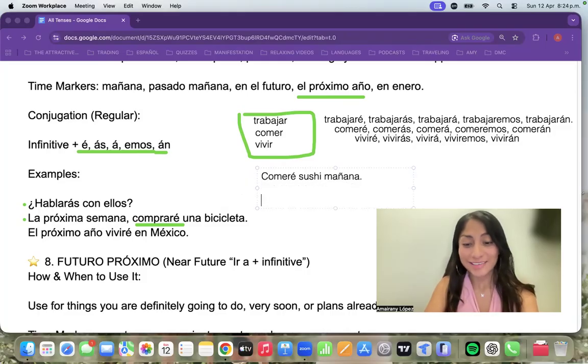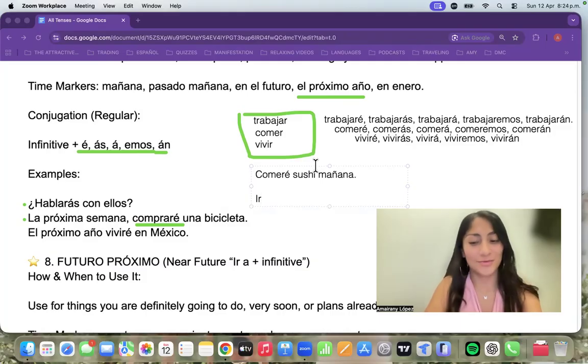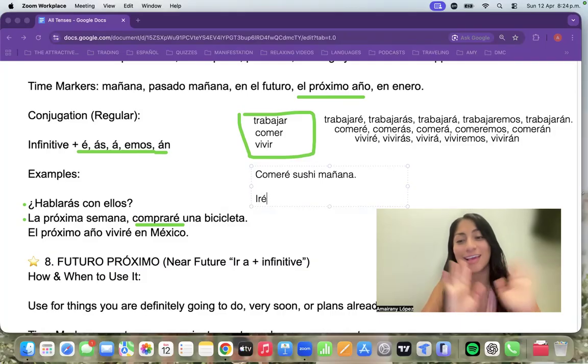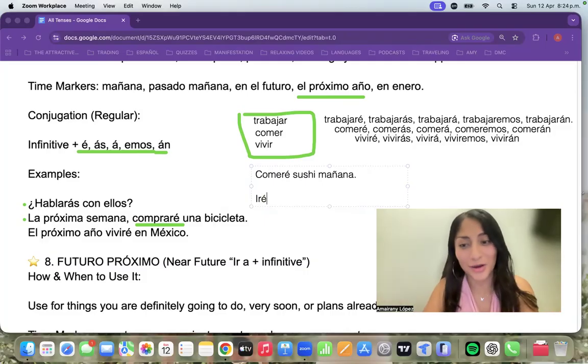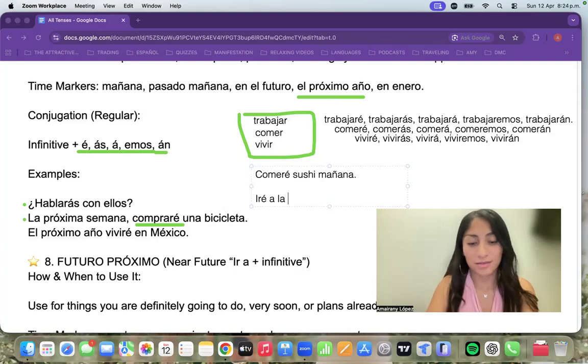Remember that ir, which was a pain in the butt for the present tense? Well, here it's very easy. You just say iré, and that means I will go. Iré a la Ciudad de México en enero.